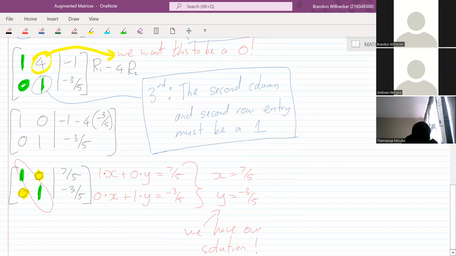And lastly, we want everything else. We've already set that value to 1, so everything else must then be 0. All the other rows must be 0.